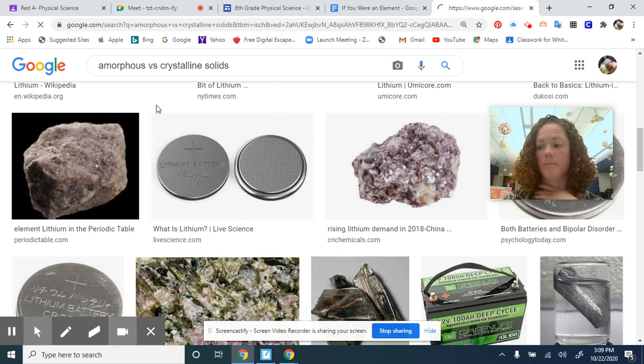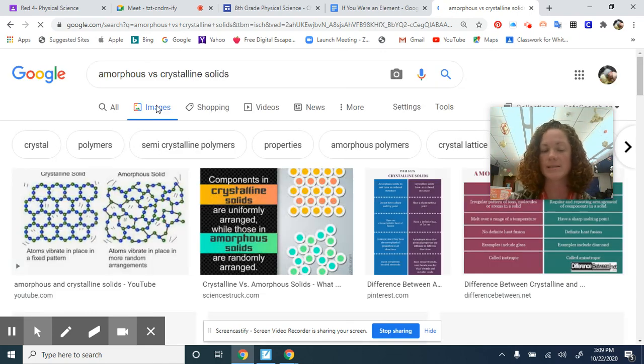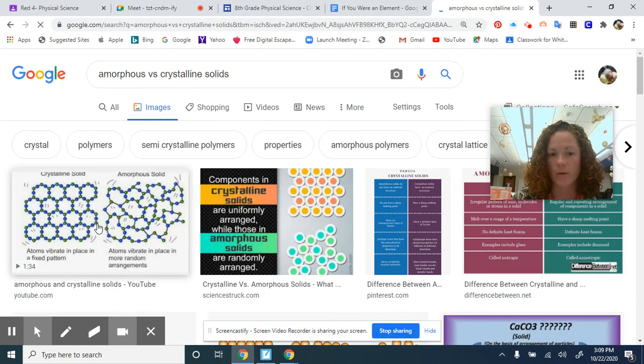And some of your solids could be either or. So you're going to have to do a little bit of research to find out what it is. But I just want to show you to clarify what a crystalline solid versus an amorphous solid is.